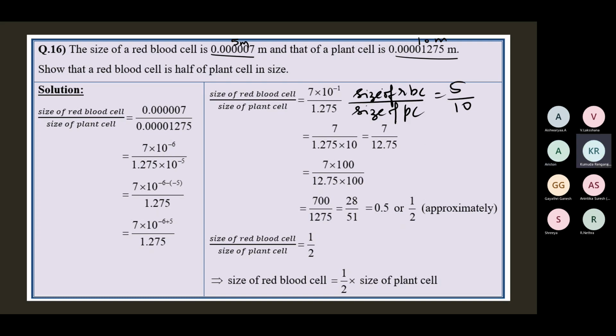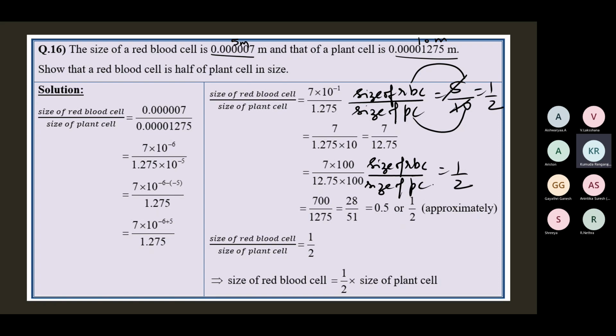In our example, if it is 5 meters and 10 meters, then the size of RBC by size of the plant cell is equal to 5 by 10, because RBC is 5 meters, plant cell is 10 meters. So 5 by 10 simplifies to 1 by 2. Size of red blood cell by size of plant cell is equal to 1 by 2.